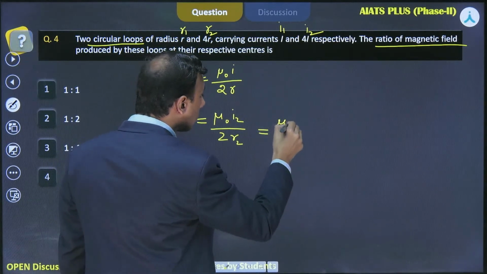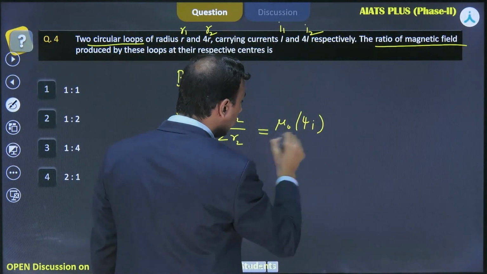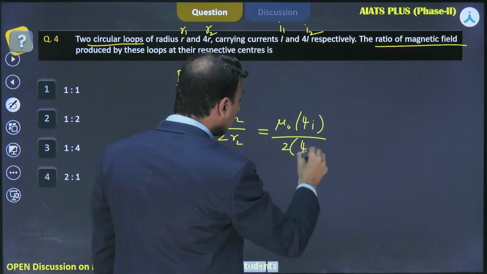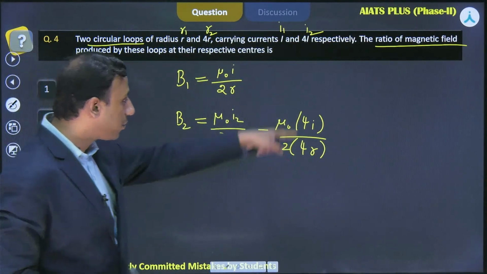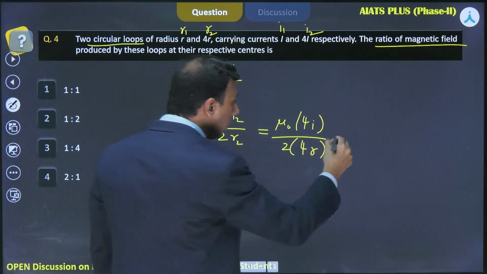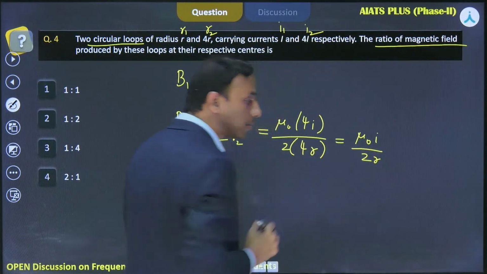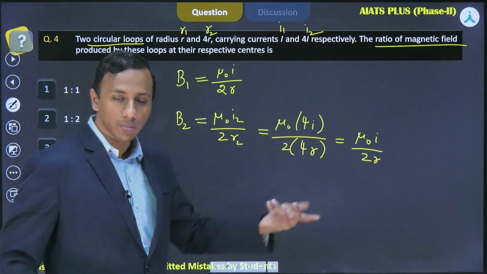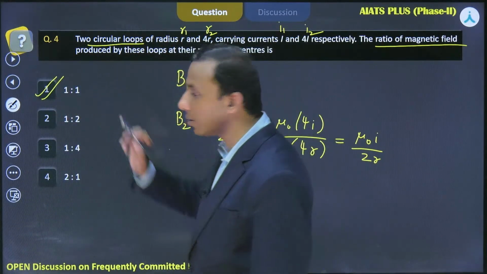So mu naught I2 is 4I, so 4I by 2 into R2. R2 is how much? It is 4R. So if you see over here, terms get cancelled, right? What comes out is mu naught I by 2R only, the very same one. So B1 is equal to B2. That means the required ratio would be 1:1, right?